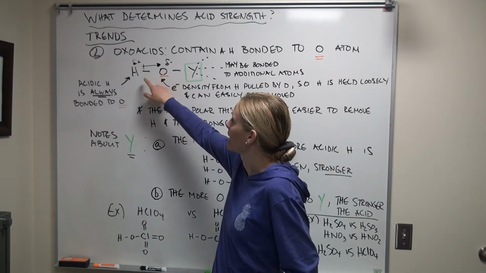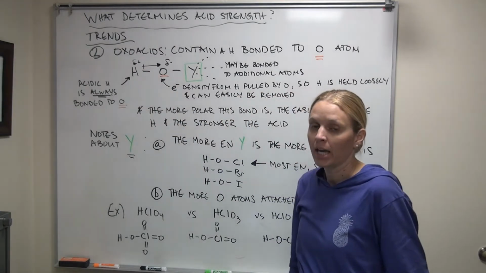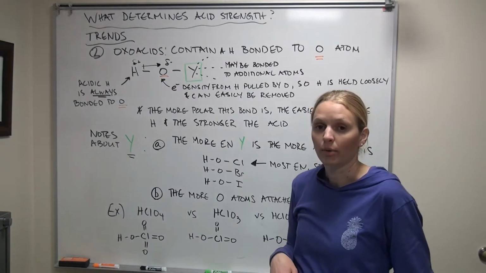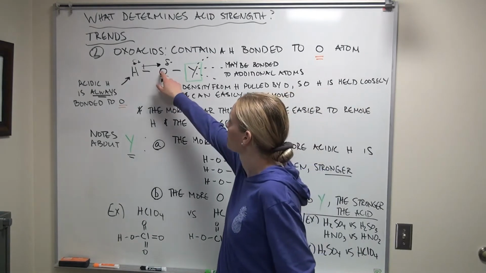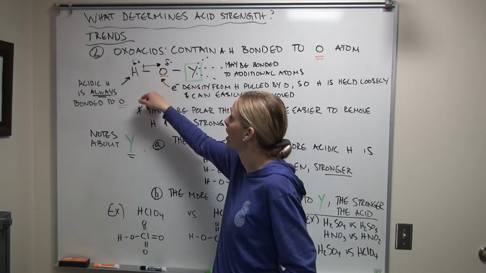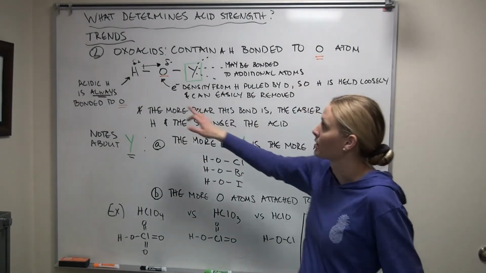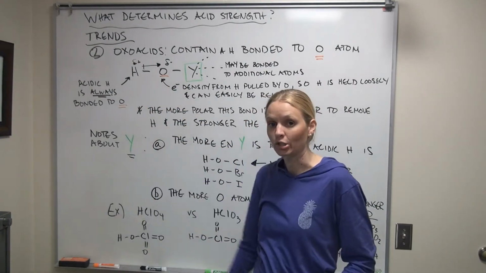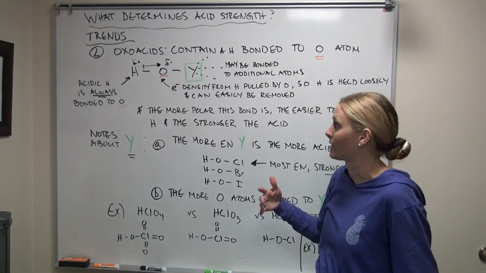Oxygen is more electronegative than hydrogen, so we have a difference in electronegativity. The explanation for the strength of that bond is the same as what we talked about for a binary acid in terms of polarity. Because oxygen is more electronegative, we have a partial negative, pulling electron density from the hydrogen to the oxygen, and this makes the hydrogen be held very loosely, so it can more easily be donated, which would make it a stronger acid.